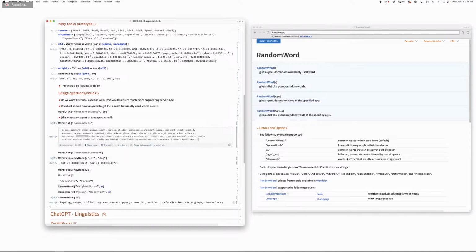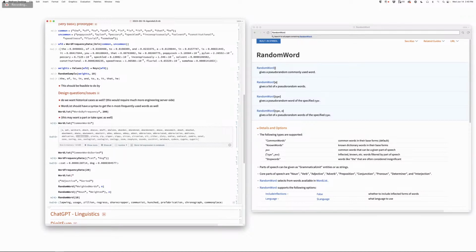If you want to generate a plausible sentence, word by word, you do it by saying random word, weighted words, comma, 1.